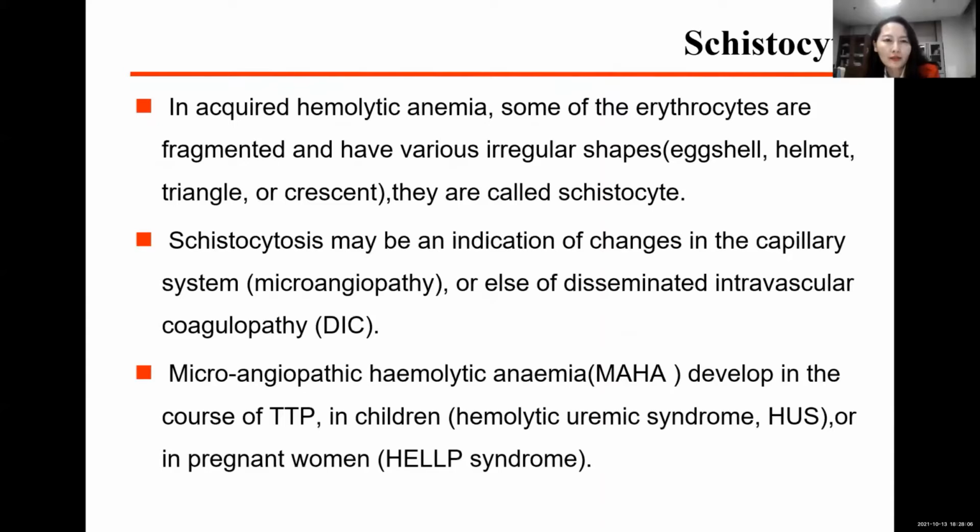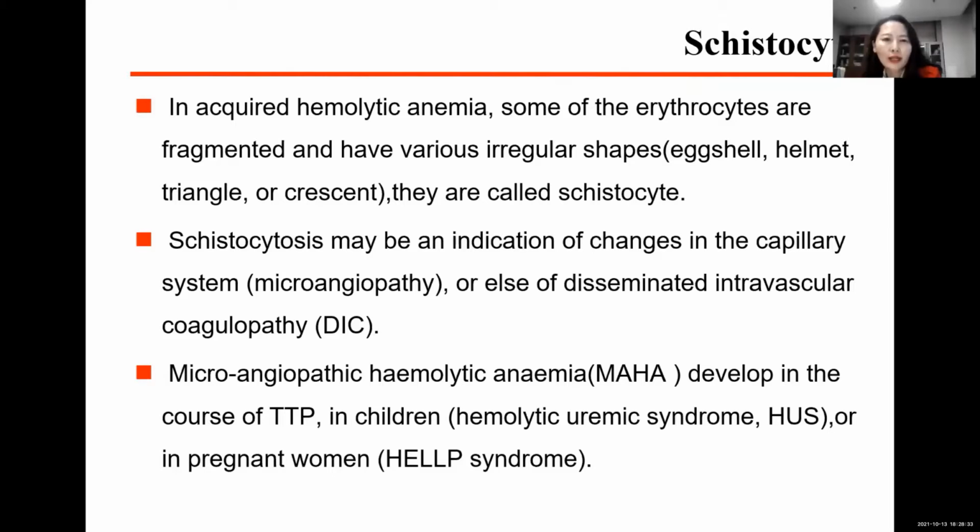Schistocytes are increased in this woman's peripheral blood smear. A schistocyte is a fragmented red blood cell.